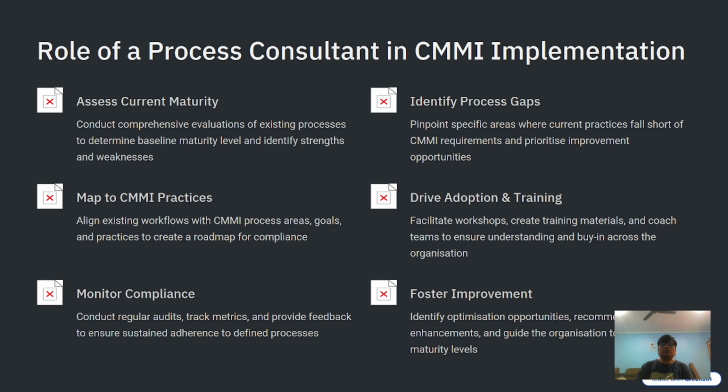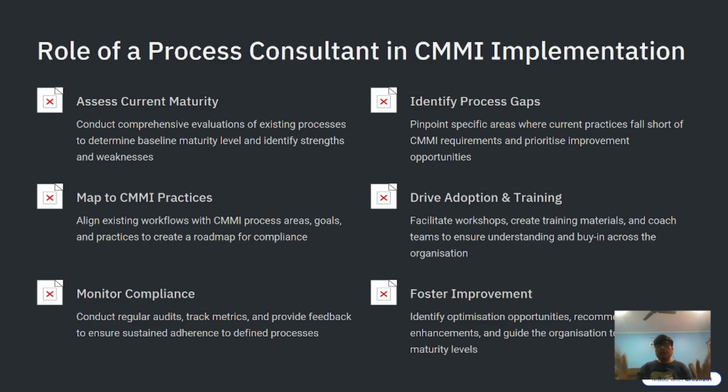Work as a coach to the team. That will get a buy-in from the team. When they understand why it is needed, they will support you in bringing those processes into the project, and this will make the process consultant's work easy.